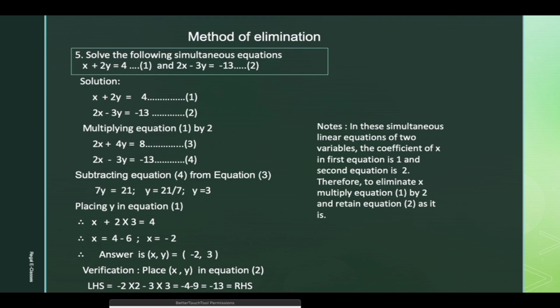Now subtracting the two equations, 7y is equal to 21 and y is equal to 21 by 7, y is equal to 3. Place y in equation 1 and you get the value of x. Verification: take y in equation 2 and get the left hand side.